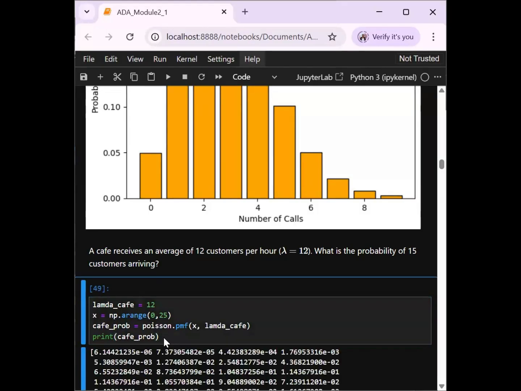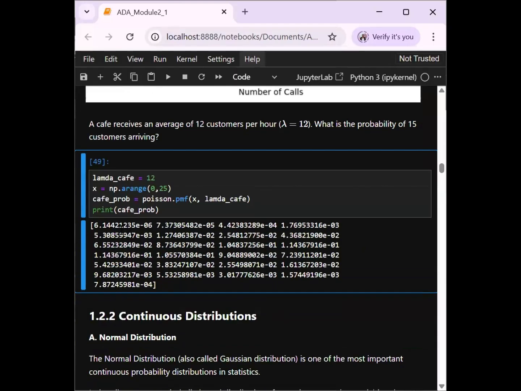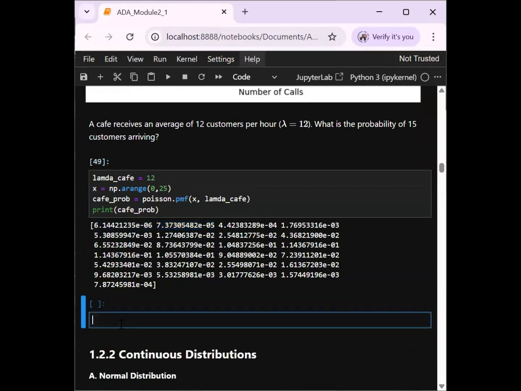So let's run this, and we have this. Now this is the probability of having 0 customers within an hour, probability of having 1 customer. So let's visualize this because the numbers are not looking nice. If you want to visualize it quickly, we use plt.bar, and then we pass in x and then the lambda.